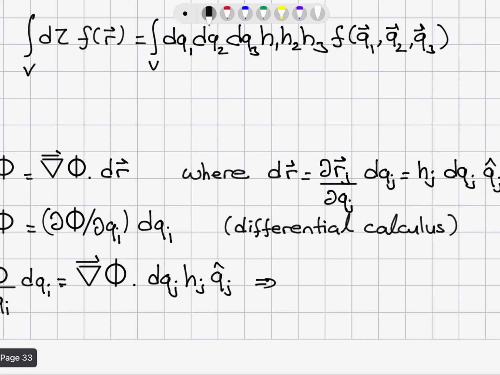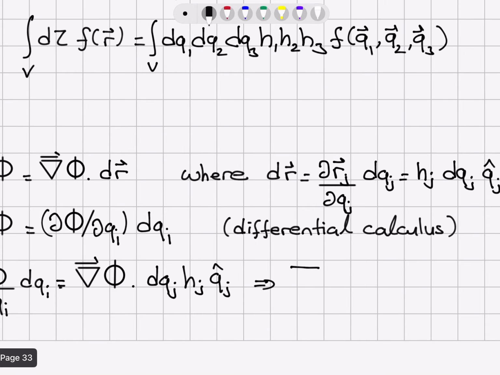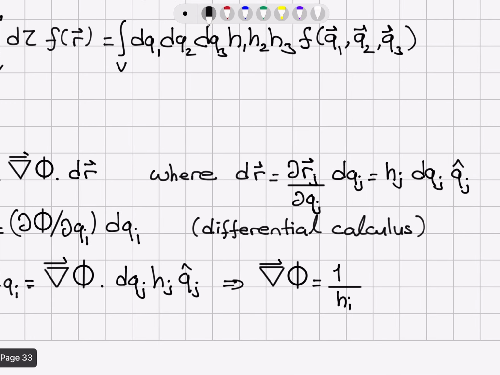So you can read from this equation that the gradient of the scalar field phi is given by, we can now substitute the result, 1 over hi, the scale factor, times the partial derivative of the scalar field phi with respect to qi, del phi del qi, and this must be in qi hat direction.